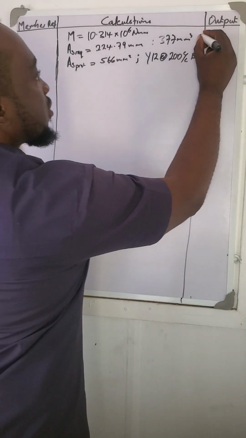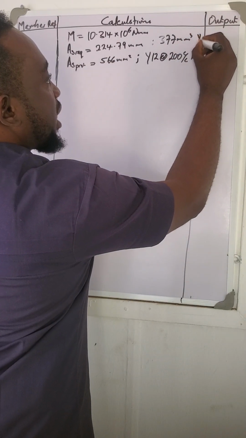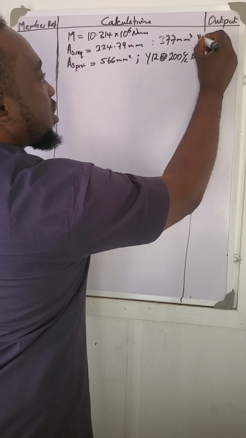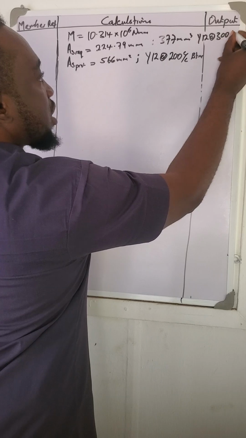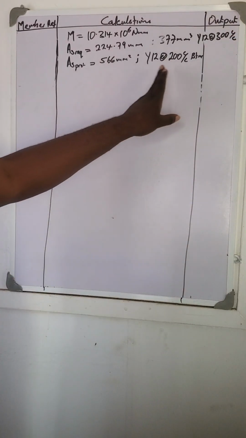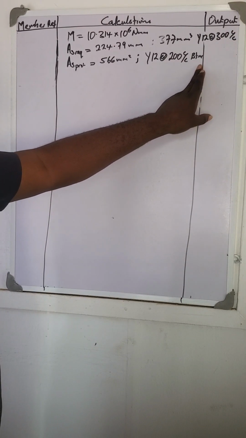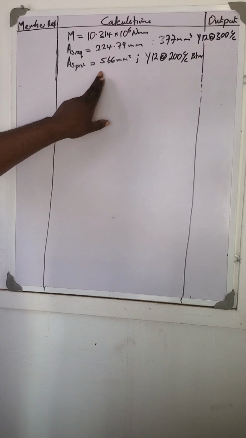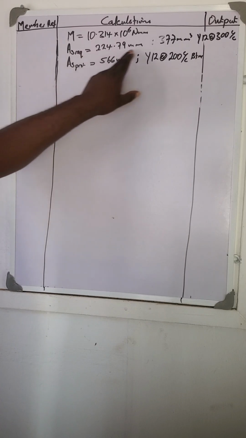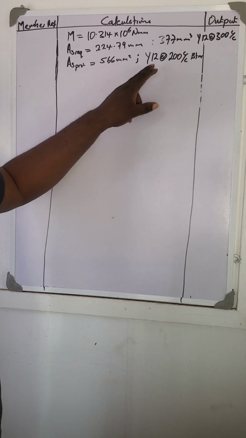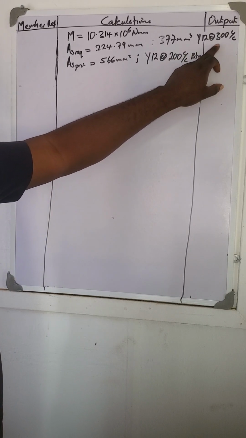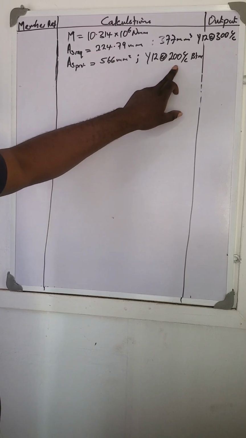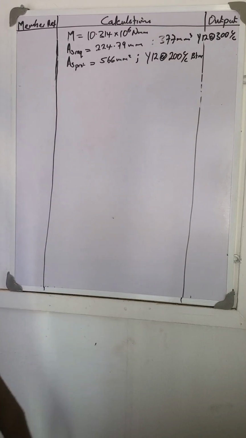This would have been Y12 at 300 center to center. But because of the substandard nature of the steel materials produced in this country, I cannot use this. That's why I'm now using Y12 at 200 center to center. All right.